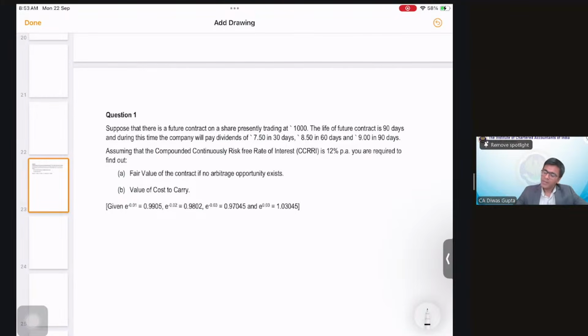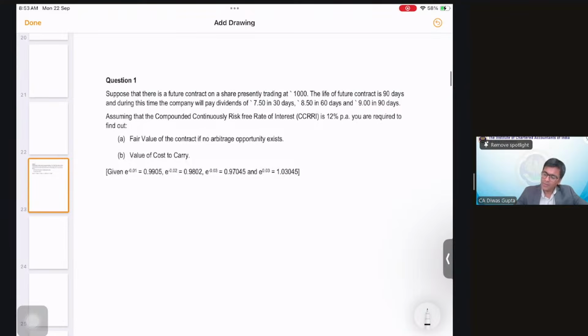The life of the future contract is 90 days, and during this time the company will pay dividends of 7.5 in 30 days, 8.5 in 60 days, and 9 in 90 days. So they have given us multiple dividends. So this is first of all a discrete dividend or a continuous dividend, students? It is a discrete dividend because dividend is being paid in different intervals.